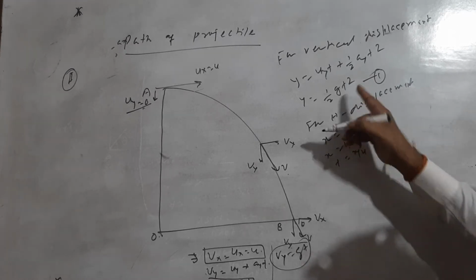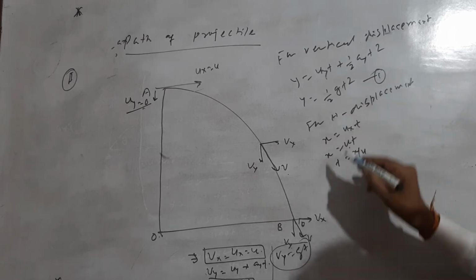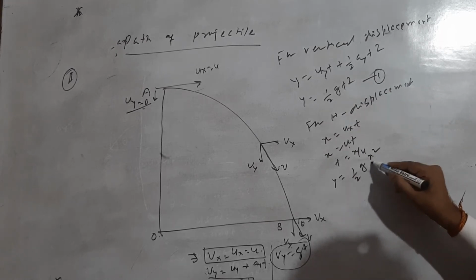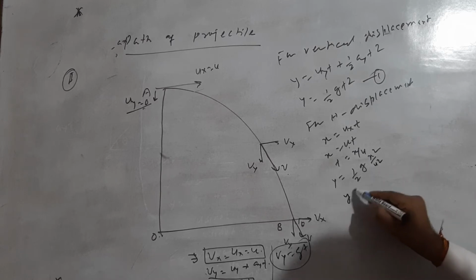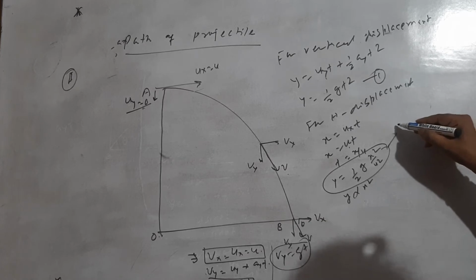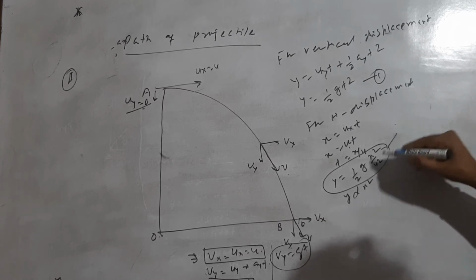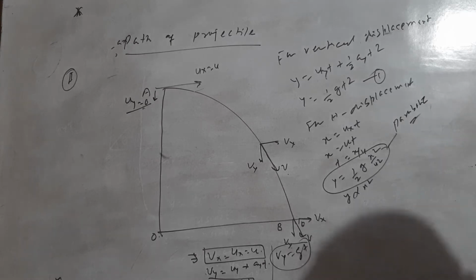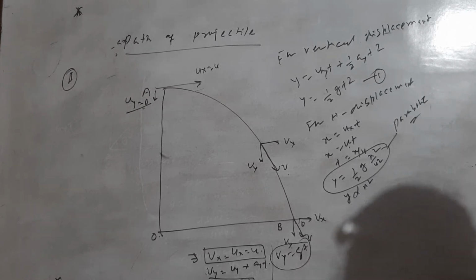Using this value, y is equal to half g x square by u square, so y is proportional to x square, and this equation is also similar to the equation of a parabola. So in the second situation also it can be proved that the path of the projectile is parabolic.